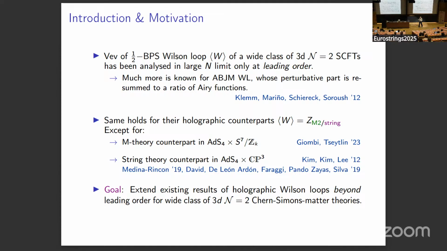And it turns out that for a wide class of these Chern-Simons matter theories, a lot of work has been done, but only at leading order in the large N limit. And the same is actually true for their holographic counterparts.